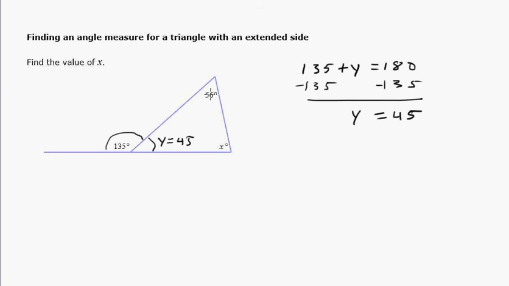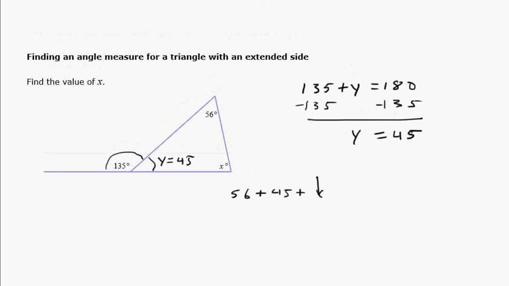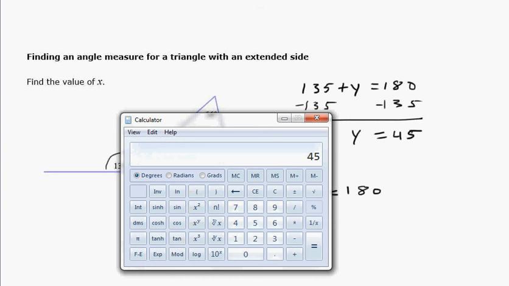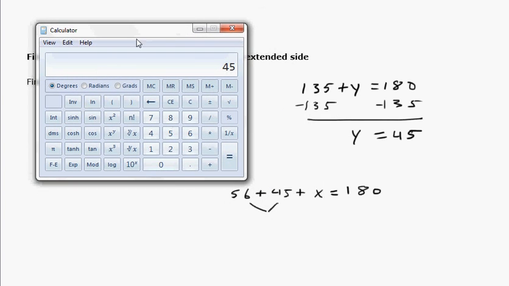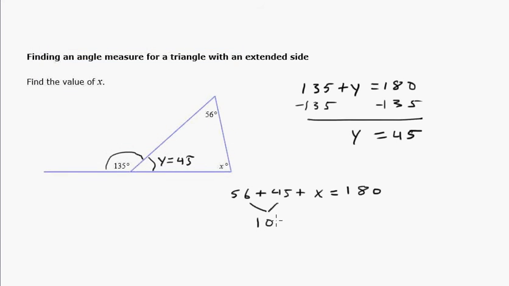So now I know that 56 plus 45 plus x equals 180. So I'm going to add these two right here, and I'm going to cheat. I'm going to say clear, 56 plus 45 equals 101. 101 plus x equals 180.